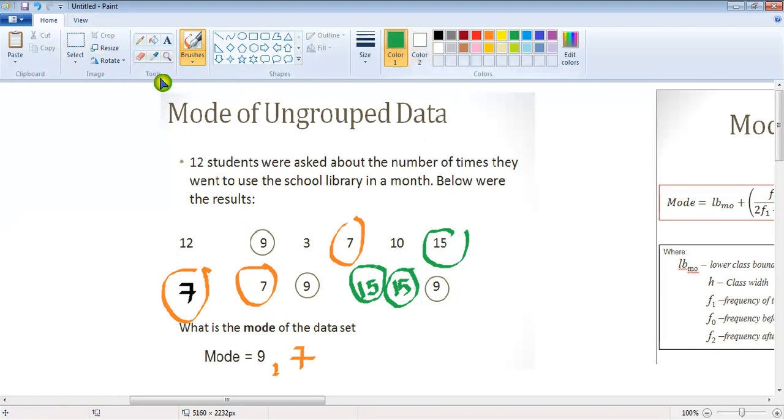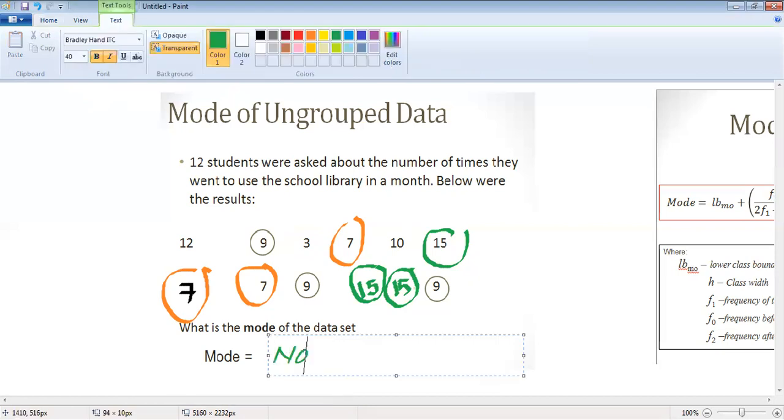So we can only have 1 or 2 modes. Other than that, if it's more than 2, we will have no mode. So I'll just write no mode.